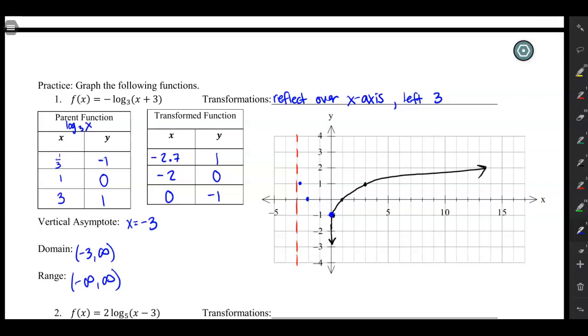And now I need to connect those 3 blue points to sketch the graph of negative log base 3 of x plus 3. One thing you want to remember is that you always have to be getting continually close to your vertical asymptote. So I'm going to be going up there, and then I'm going to come down as I go to the right. That blue graph is what your final finished product graph is going to look like.